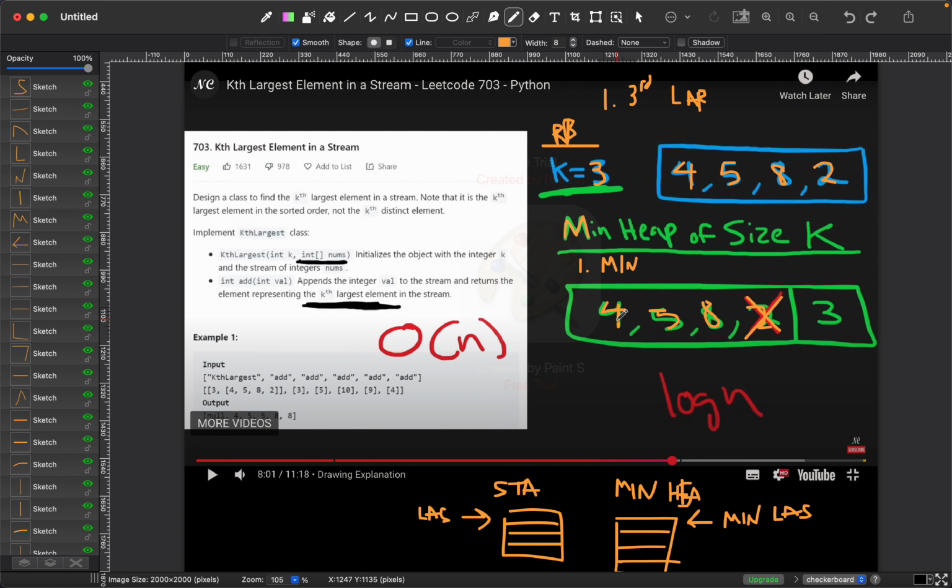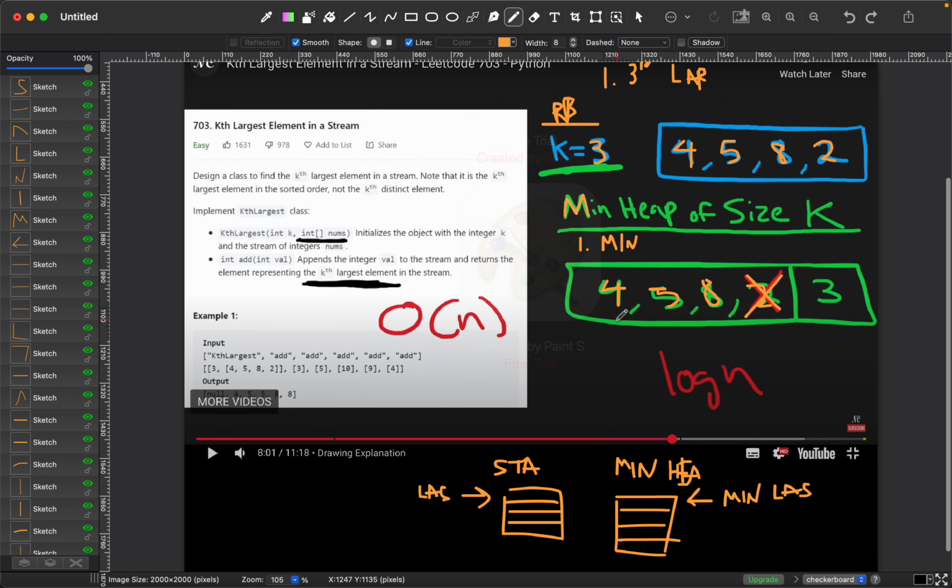There are 4 guys, and we need to remove the last guy. It's not that we don't need the last guy, it's just that we are trying to place the last guy over here to be what the rulebook is asking us for, which is the third largest. By removing this 2, our main priority is to place this third guy over here, and we are able to achieve that if we remove this.